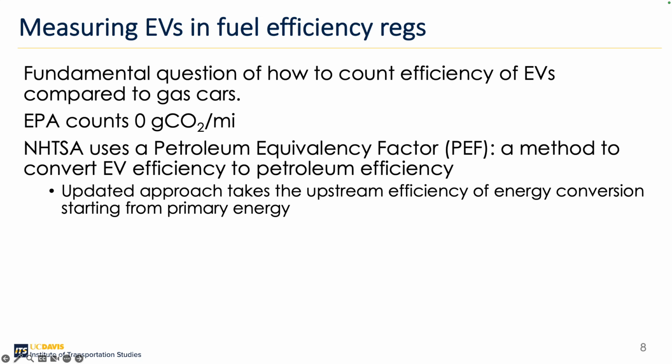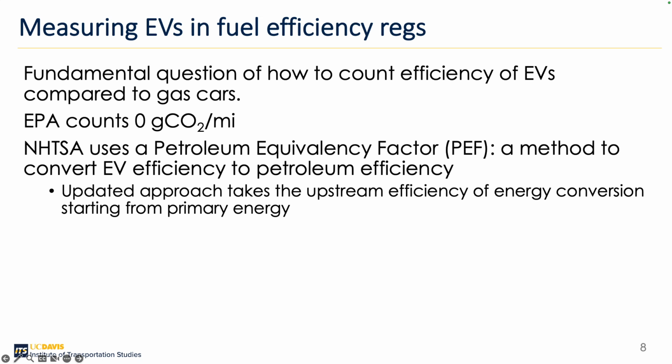They're the ones responsible for fuel efficiency regulations, and they use what's known as a petroleum equivalency factor to convert EV efficiency to petroleum efficiency. Remember how I was saying that originally the calculation is 33.7 kilowatt hours per gallon of gasoline.